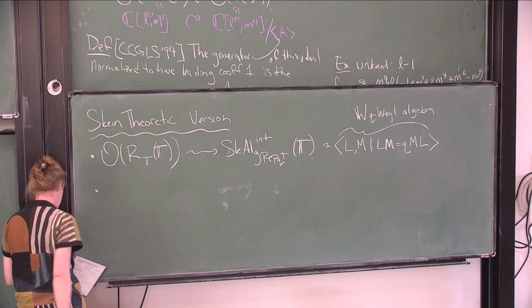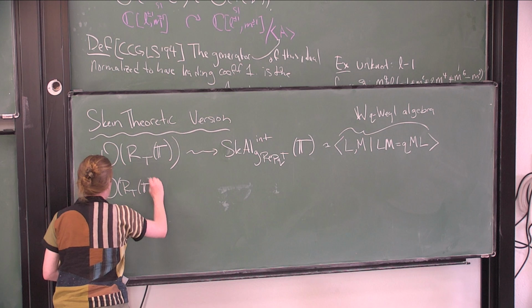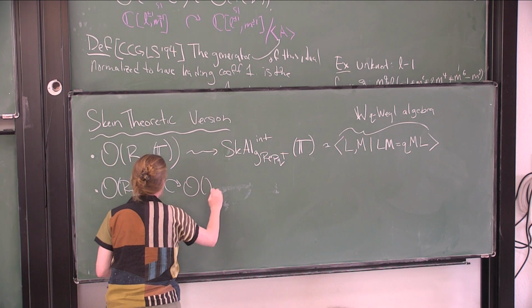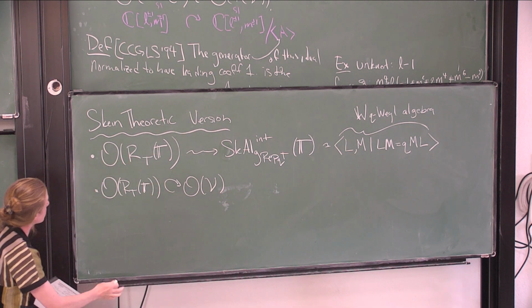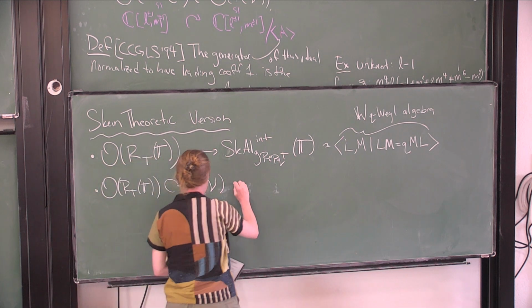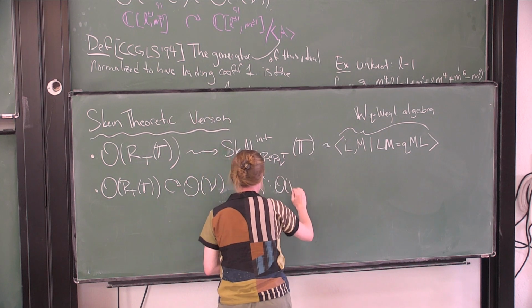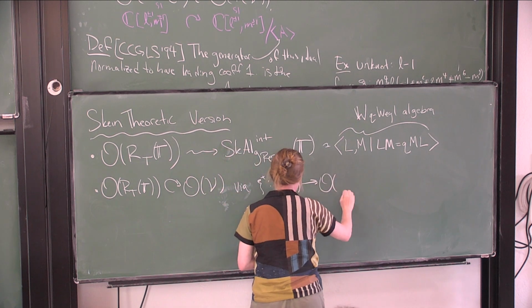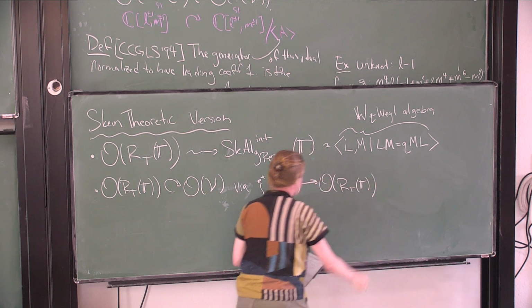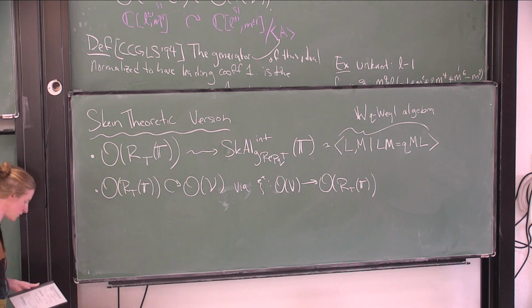Next thing I may want to quantize is on this RT pi, I can act on these functions on the space V. So I've erased it, but I made some subspace fancy V. And I'll say this is an action via the map, this eigenvalue map, going from OV to O of RT. So whenever I have a map between two rings, I get an action like this.